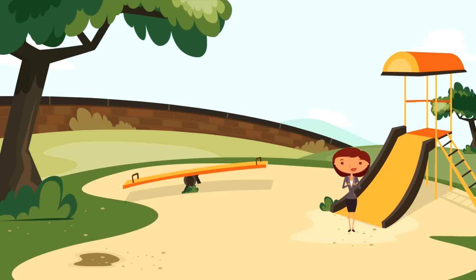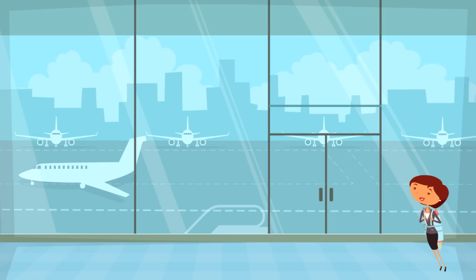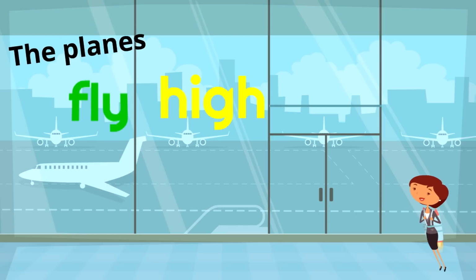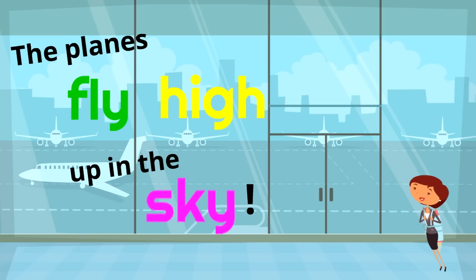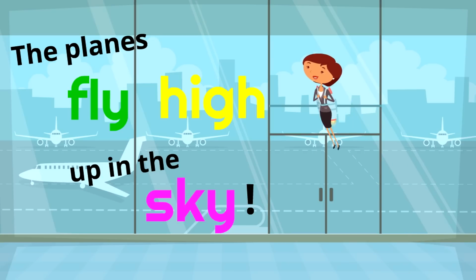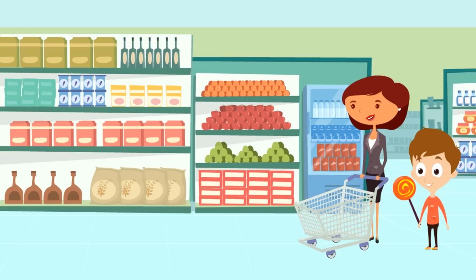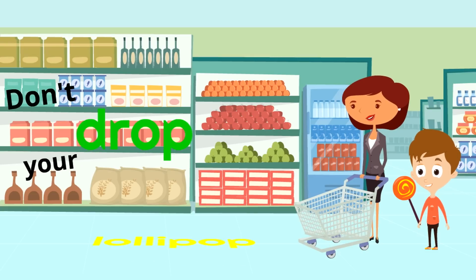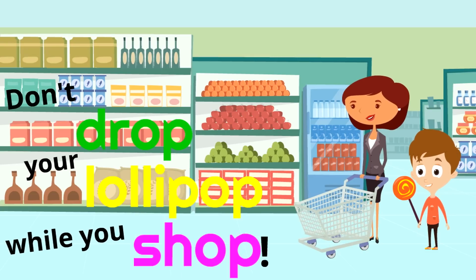That was great. And you can practice rhyming anywhere. Like at an airport. The planes fly high up in the sky. Whoa! Or at the grocery store. Don't drop your lollipop while you shop.